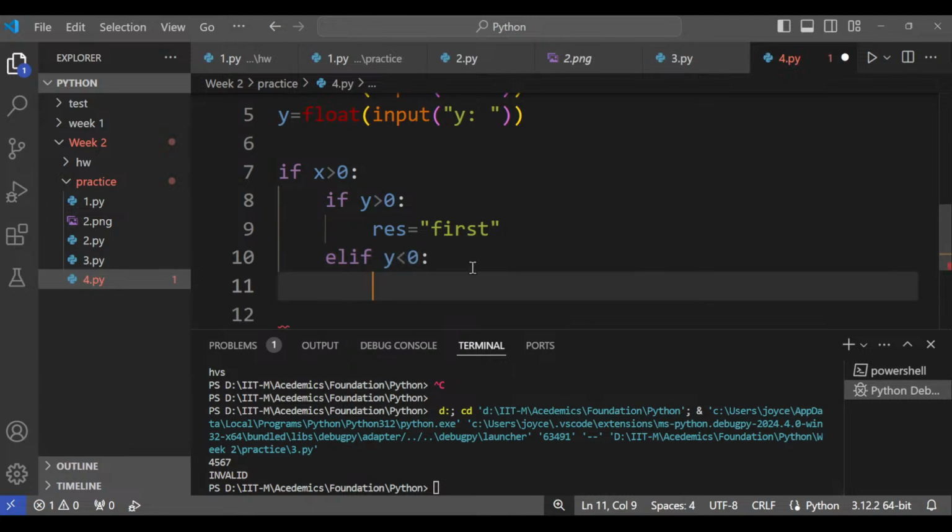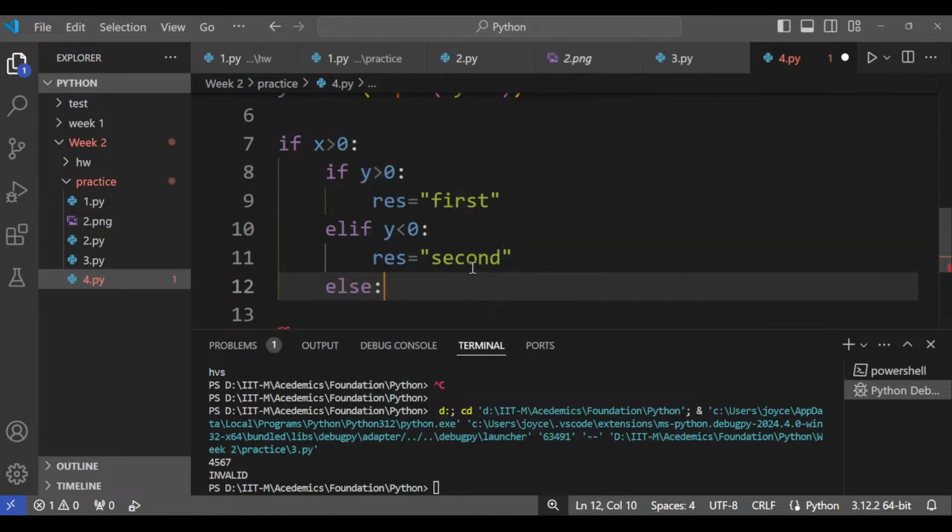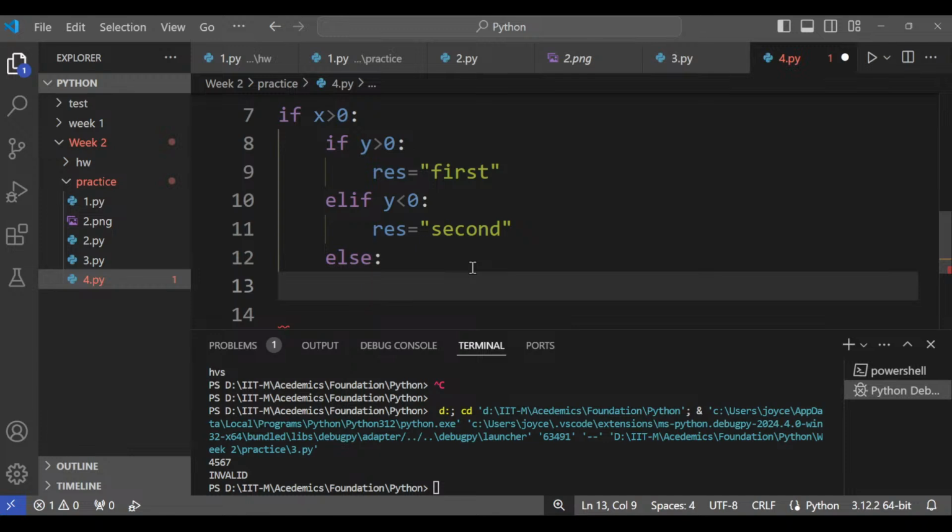Y is less than 0, then res is going to be res equal to second quadrant, then else we have y equal to 0 and x greater than 0. Wait, is this second quadrant?